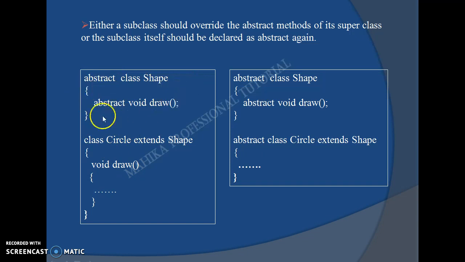Suppose I have a class shape with an abstract method draw, and if I create a subclass circle which extends the shape class, then this circle class needs to mandatorily override the draw method, or else you will get a compilation error. But if a subclass does not want to override any of the abstract methods of its superclass, then that subclass needs to be declared as abstract again. So either a subclass should override all the abstract methods of its superclass like this, or it needs to be declared again as abstract.